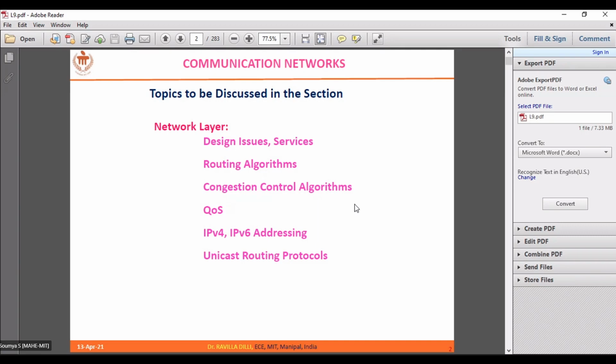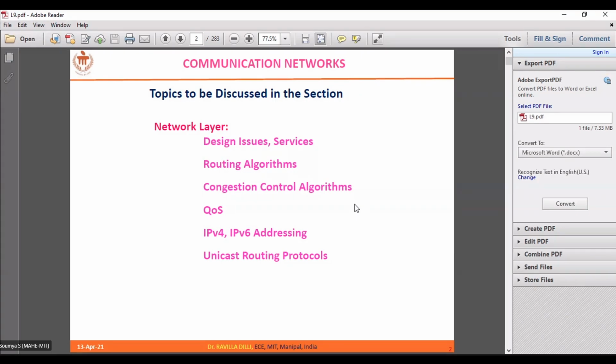Initially it was IPv4. Since the number of systems getting added is increasing at a very high rate day after day, the IPv4 addresses started becoming insufficient for so many systems. So therefore, the world is shifting to IPv6 addressing.